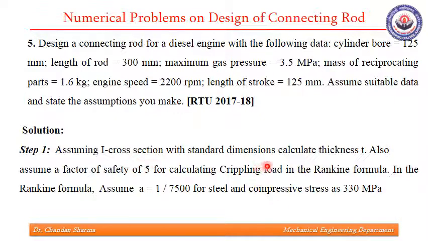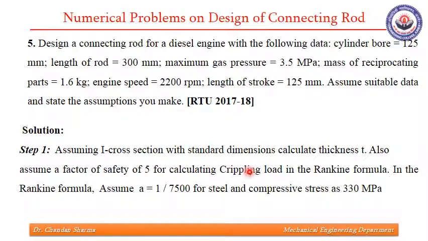For finding Pc, that is pi by 4 d square into P max, d is given to us as 125 mm and P max is given to us as 3.5 megapascal. So from these values we'll find Pc. We'll multiply Pc by 5 to get the crippling load.